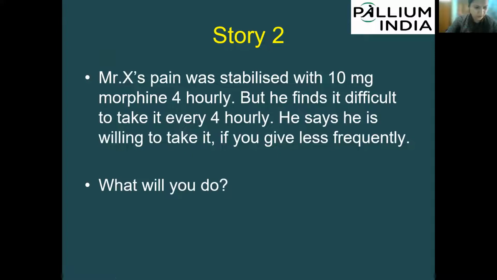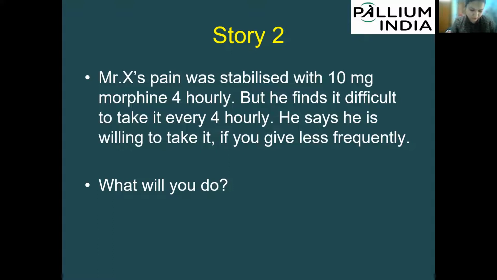So like with 10 mg 4 hourly, the total dose will be 10 mg at 6 a.m., 10 mg at 10 a.m., 10 mg at 2 p.m., 10 at 6 p.m., and the night dose is double, like 20 mg. So total dose for this patient is like 60 mg of morphine. So we can change the 4 hourly regime to 6 hourly also, because the patient said he wants to take less.